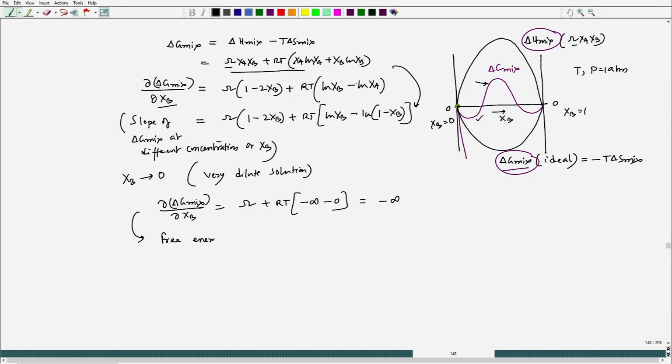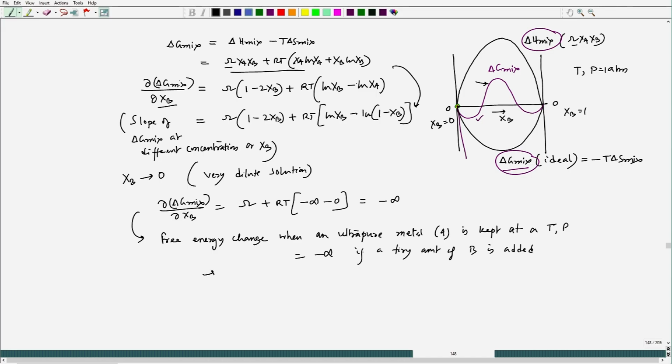the free energy change when an ultra pure metal, in this case A, is kept at a particular temperature and pressure, would be minus infinity if a tiny amount of B is added.